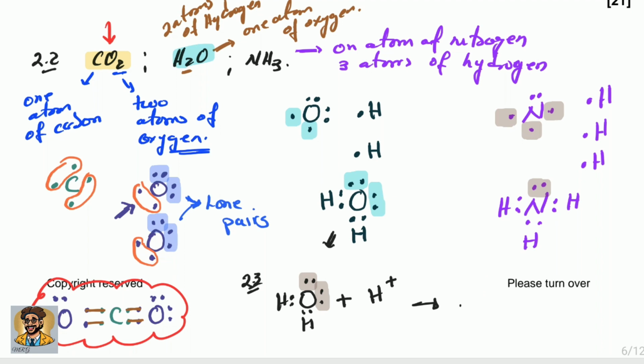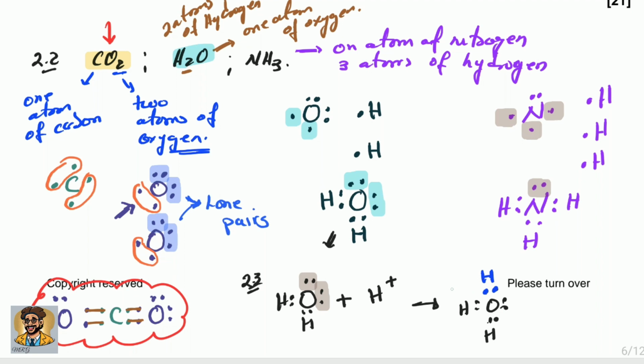So you will have the water still the same as it was. There's the water, but this hydrogen ion is going to move to one of the lone pairs. So let's say, for instance, the hydrogen ion is going to share this specific lone pair. That is what we call the dative covalent bonding.